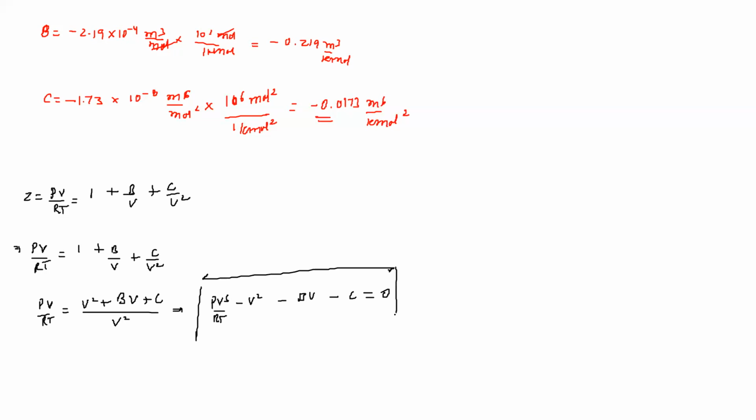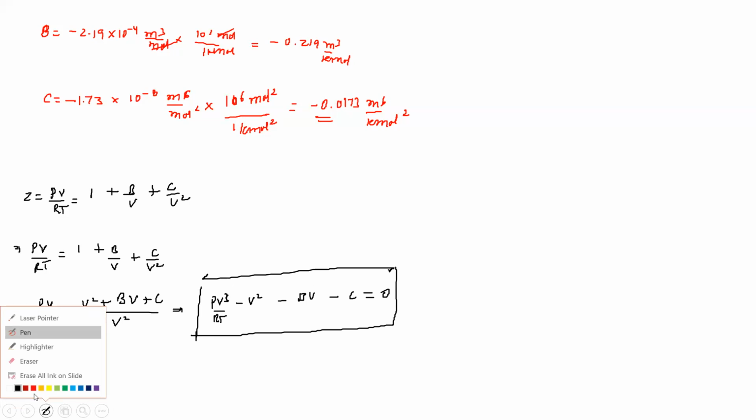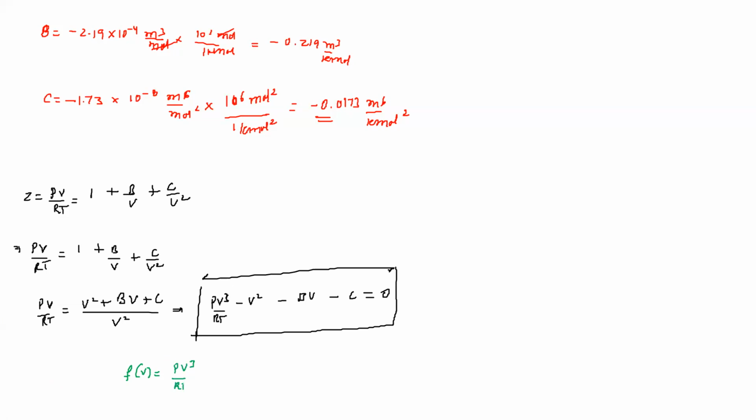This is what your virial equation can be written as. As you see, this equation is a cubic in volume, so we again have to use the Newton-Raphson method. We'll take f of V equal to PV cube by RT minus V square minus BV minus C, and f of V equals zero.